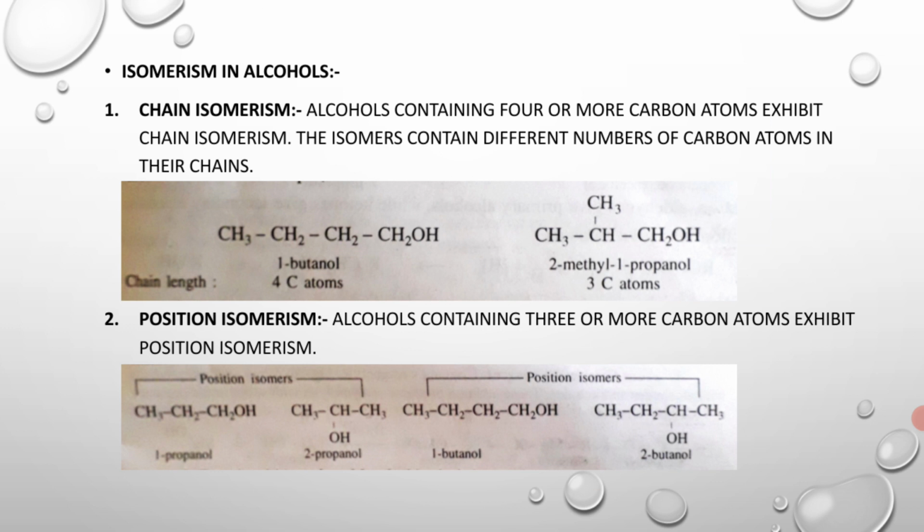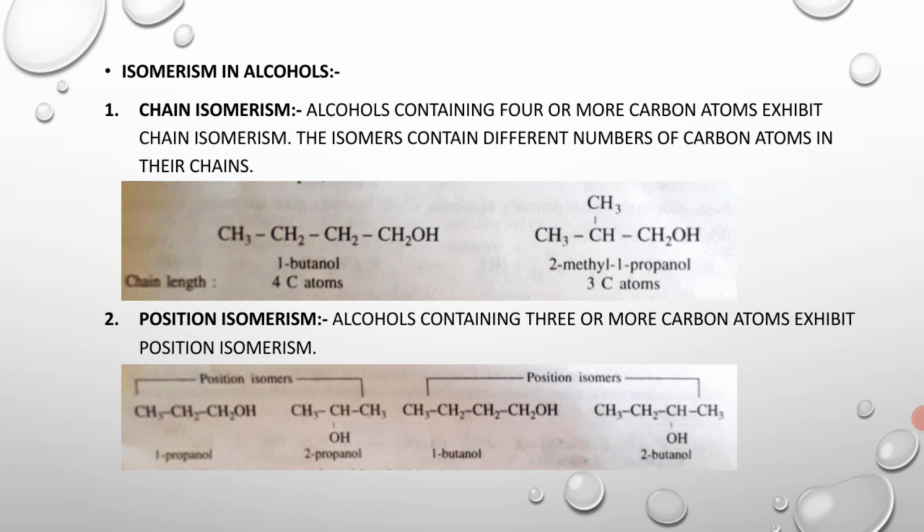Similarly, isomerism in alcohols, as we have learned, we will later discuss in detail what isomerism is in the next lecture. In this lecture we will clarify the isomerism of alcohols.